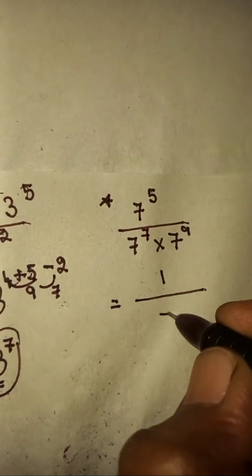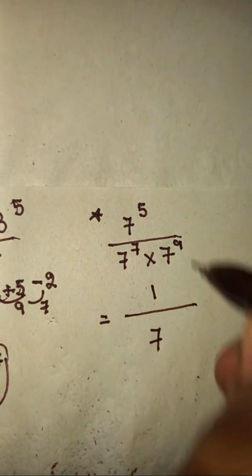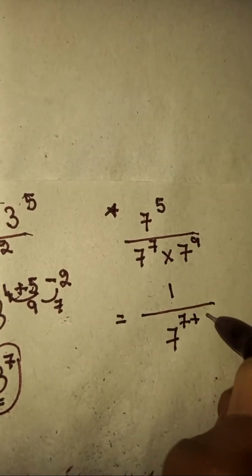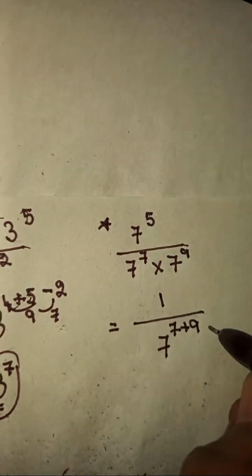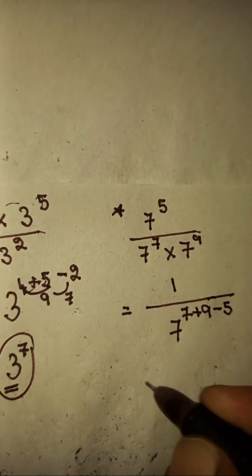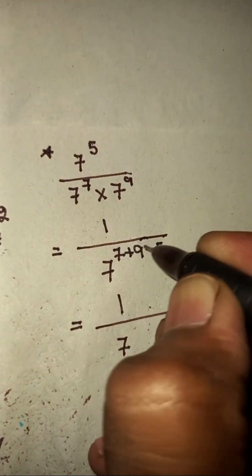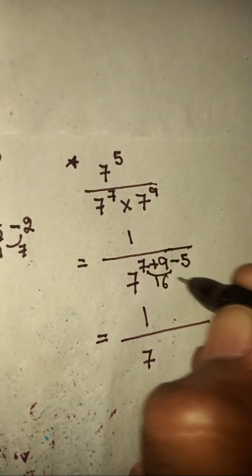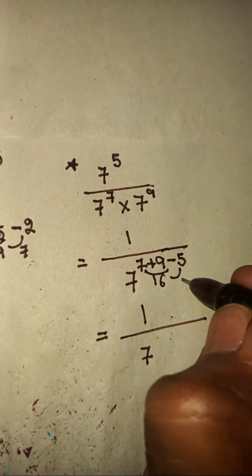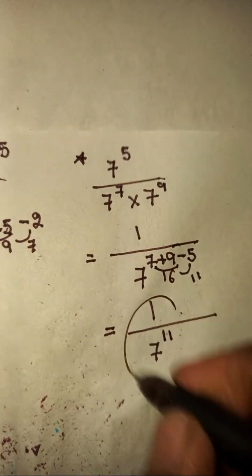Taking 1 in the numerator, add these two powers, 7 plus 9, and subtract the number 5. You are going to get 7 power of 7 plus 9 becomes 16. 16 minus 5 becomes 11. So it is 1 by 7 power 11.